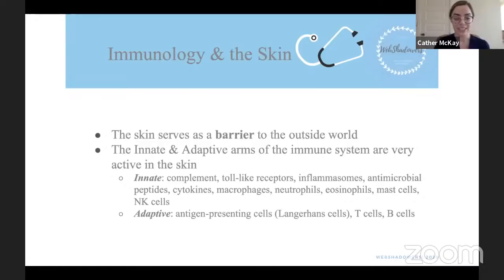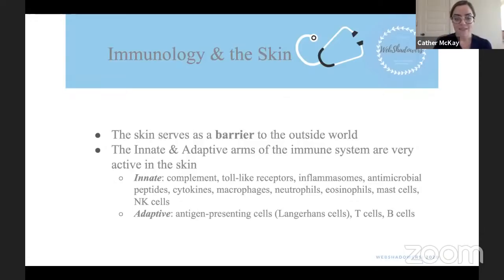All your keratinocytes have those, and it starts like a cascade. So even the skin cells are part of the immune system; they have immune function as well. Inflammasomes, antimicrobial peptides, cytokines, macrophages, neutrophils, eosinophils, mast cells, and NK cells are all active in the skin.